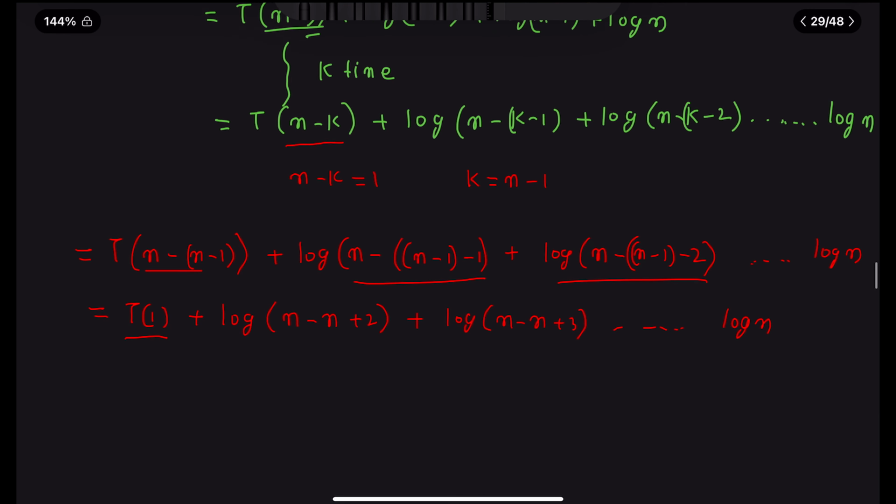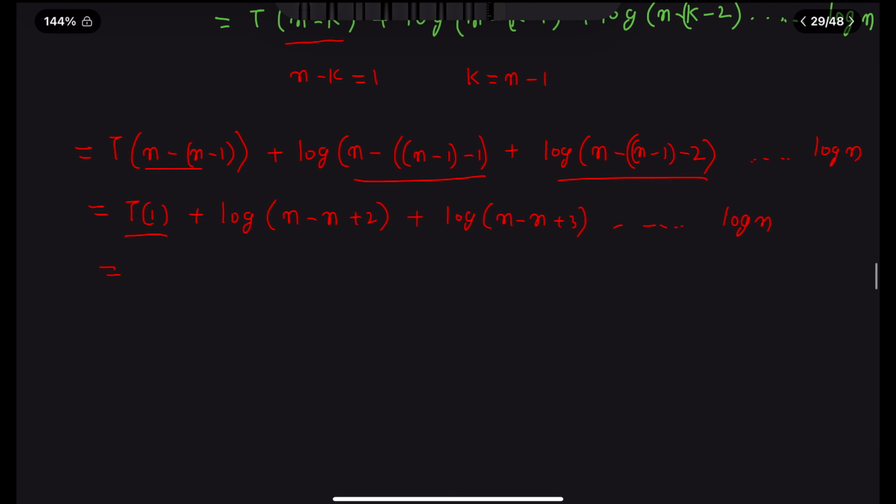If we further solve this, the value of T(1) is 1, plus this will become log 2, and this will become log 3, and this will go up to log n. So if you can see, there is a formula for log.